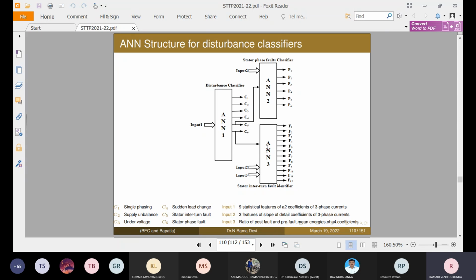Similarly, we have line to ground fault of R phase, line to ground fault of Y phase, line to ground fault of B phase, interturn fault of R phase, interturn fault of Y phase, interturn fault of B phase. The interturn faults, according to their severity, we again classify into 6 levels.